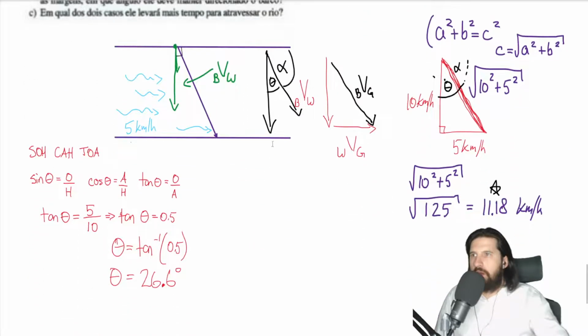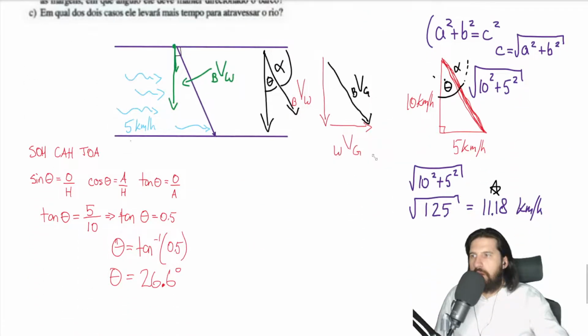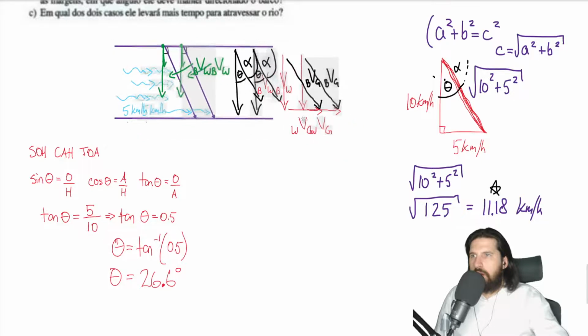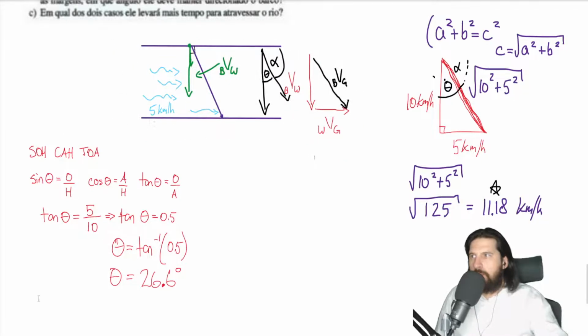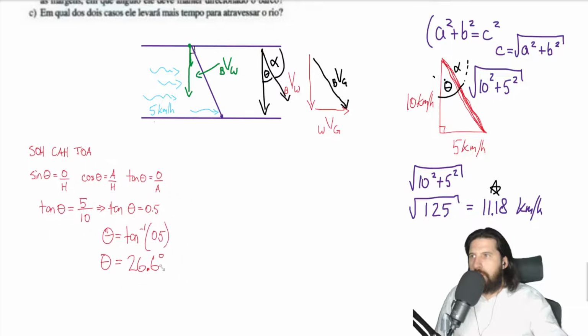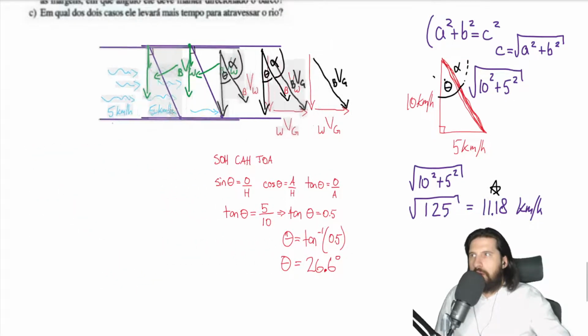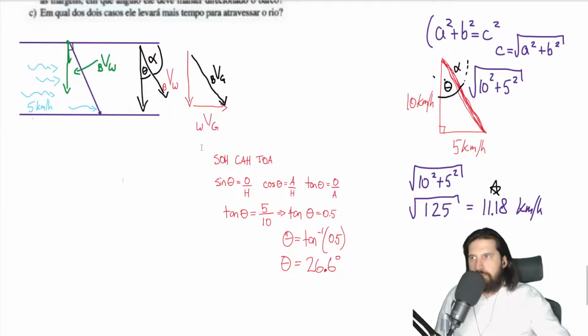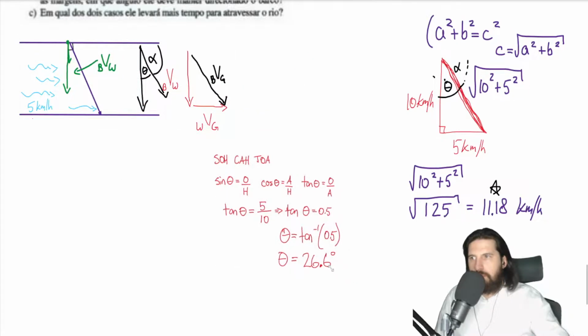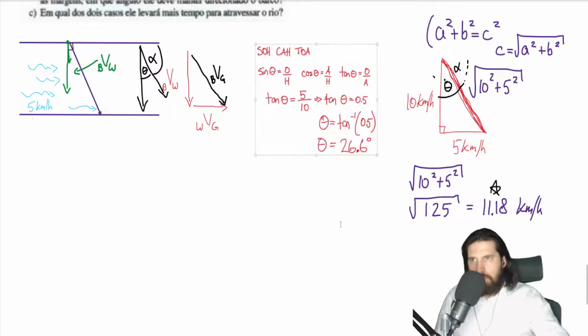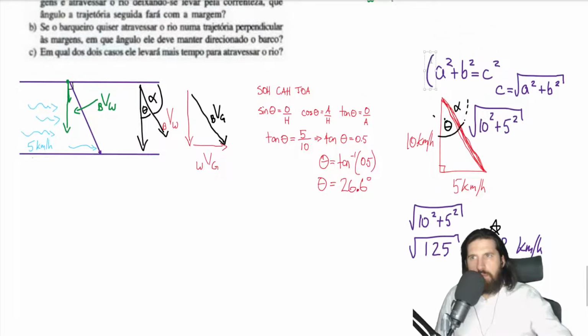Let me see. He says, if the boatman positions the boat perpendicular to the banks and crosses the river, letting the current carry him, what angle will the trajectory followed make with the bank? Okay, with the bank.